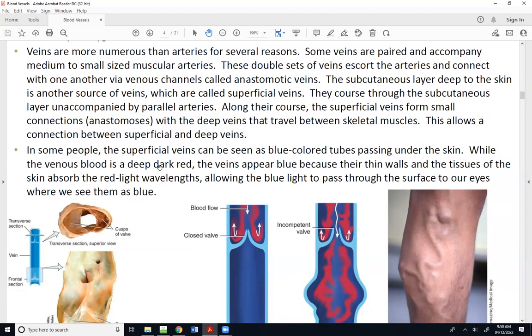While the venous blood is a deep dark red, the veins do appear blue because their walls and the tissues of the skin absorb the red light wavelengths, allowing blue light to pass through the surface to our eyes where we see them as blue. And that's a misconception I mentioned the other day. Blood is never blue colored, despite the fact they look like they might be blue. Your veins aren't either. It's just that they are reflecting the blue light.